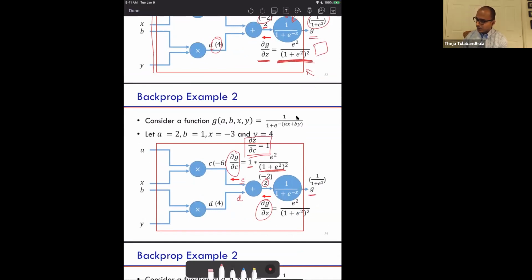Similarly, we want to go from this guy all the way to A, and what you do is multiply a bunch of local gradients.